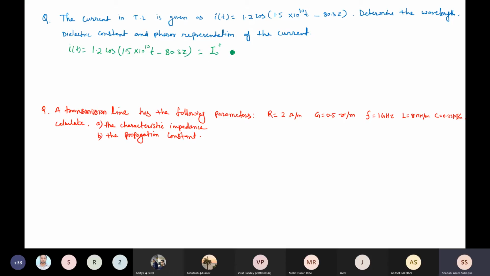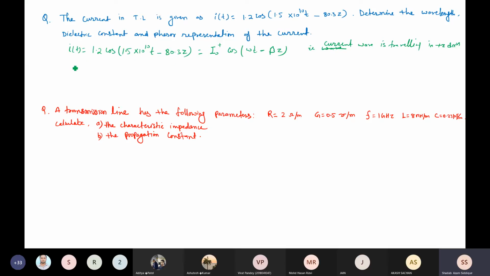So the current wave is traveling in the plus z direction. Keep in mind always, if you have a minus z, the wave should be traveling in the plus z direction, and the opposite otherwise.